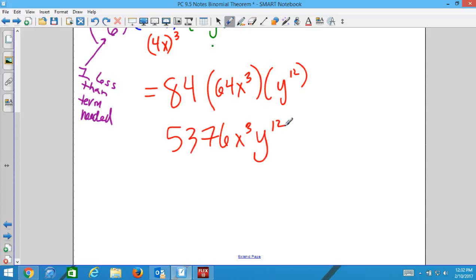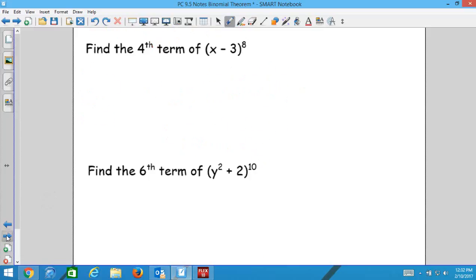Let's try the other two. If you think you got it, work ahead. So the fourth term of (x minus 3) to the 8th. What am I going to be choosing? I'm going to have what and choose what? From how many? 8 choose 3. It's going to be one less than the term that we're finding, and that's because there are more terms than 8. There's 9 terms. And then my next is going to be x to the 8 minus 3.